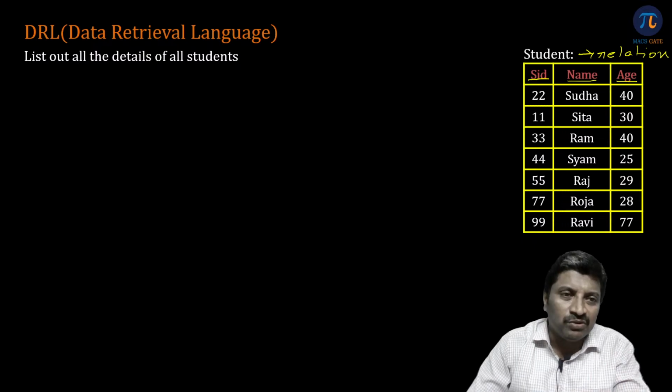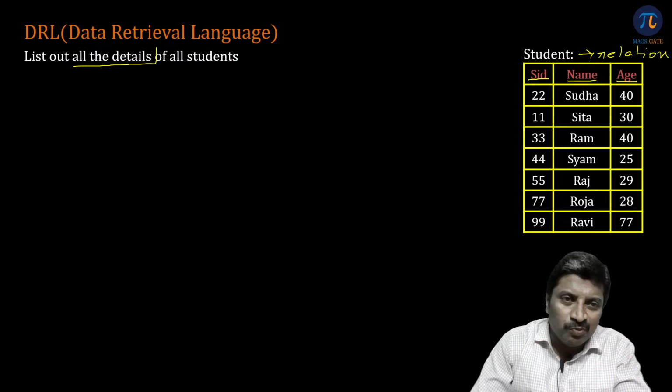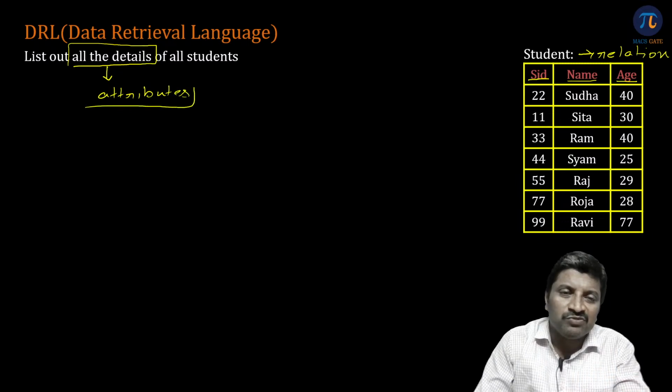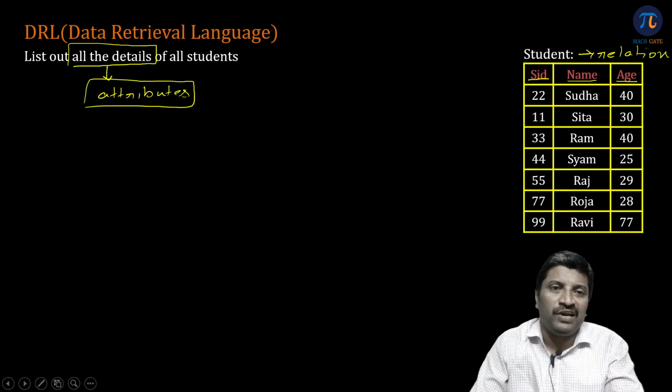I want to list out all the details. The first point is we need to identify what attributes you want. Do you need all the properties or all the attributes? First we need to identify this, because we need to specify this list in our select, right?